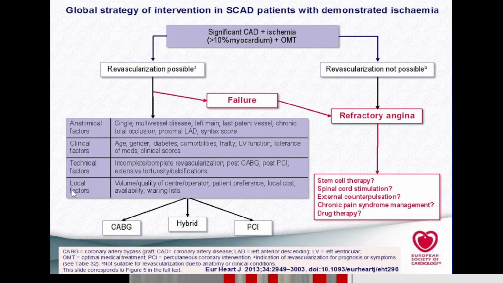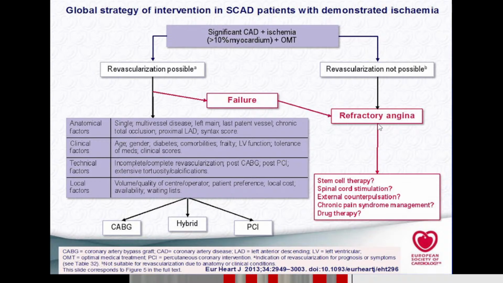And local factors like volume, quality of center, operator, patient preference, local cost, viability, waiting list, and so on. And we have such a choice with CABG, PCI, or hybrid intervention. And if revascularization is not possible, it's the decision of operator.